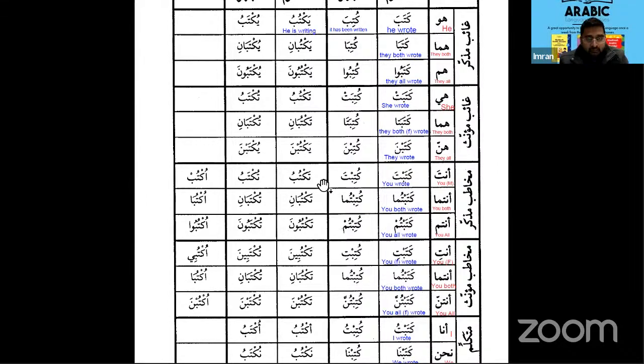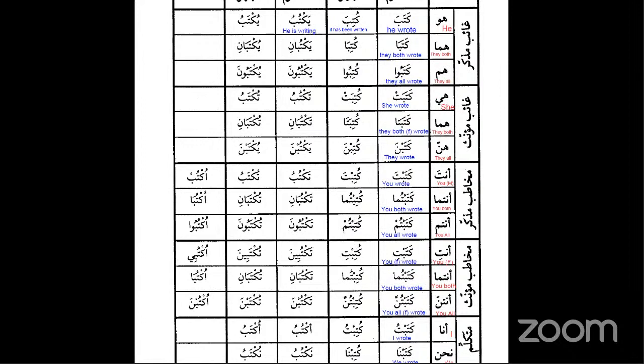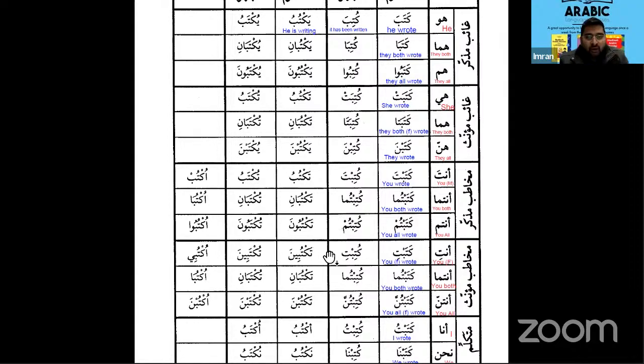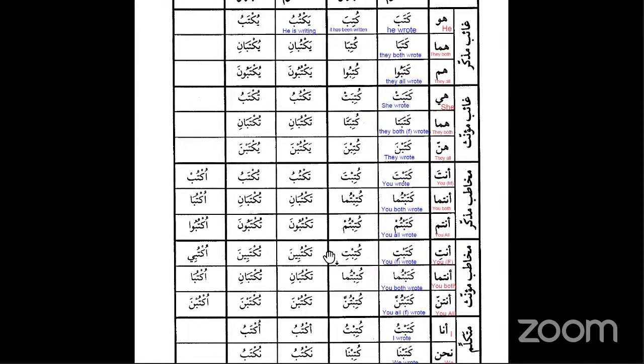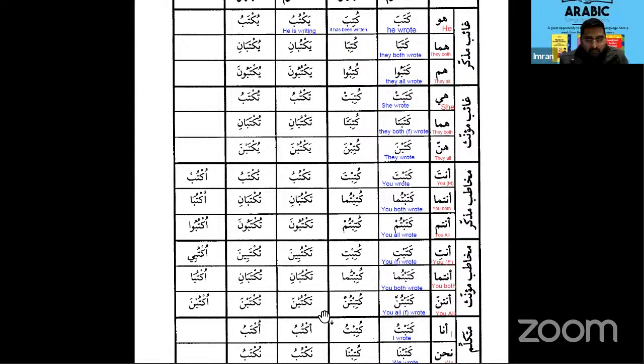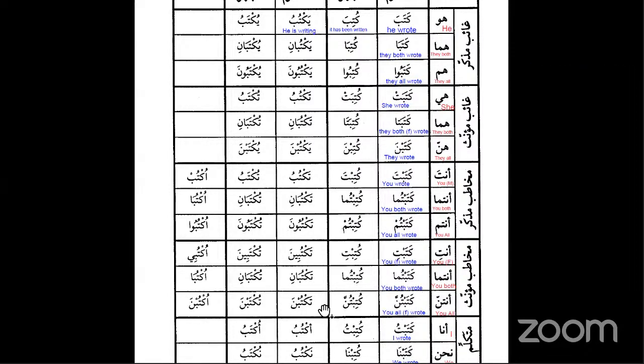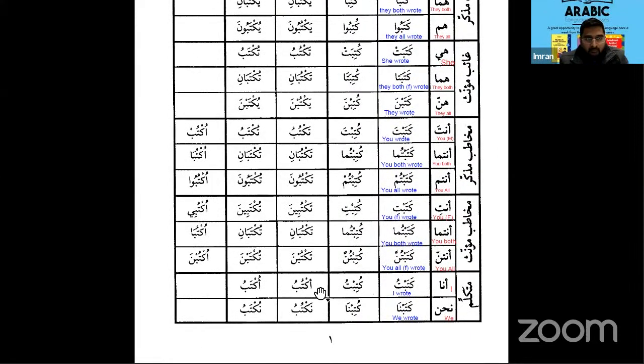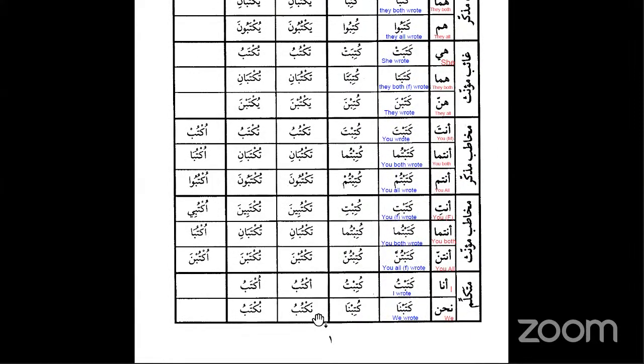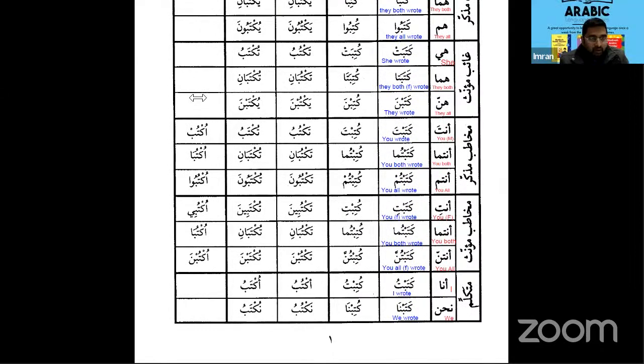Anta taktubu. Correct. Excellent. You one female is writing. Anti taktubina. Excellent. You all females are writing. Antunna taktubna. I am writing. Ana aktubu. We are writing. Nahnu naktubu. Excellent. Brilliant.